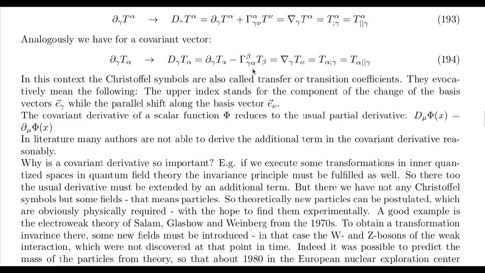Okay, Christoffel symbols are now tensors, and if we look at this formalism here, the Christoffel symbols are also called transition coefficients. The upper index of the Christoffel symbols of the second kind stands for the component of the change of basis vectors, while the parallel shift is along the basis vector, another basis vector.